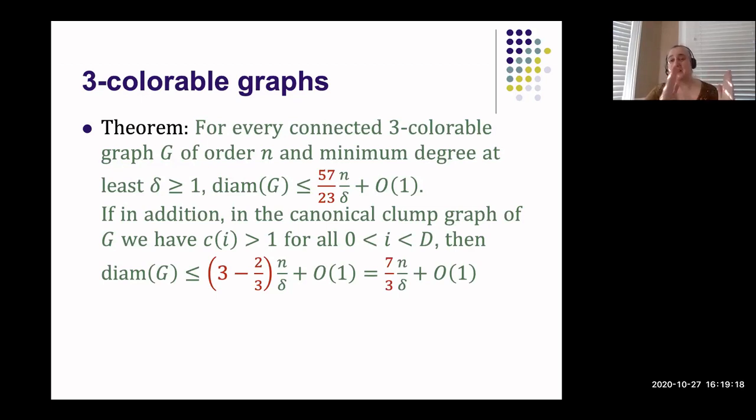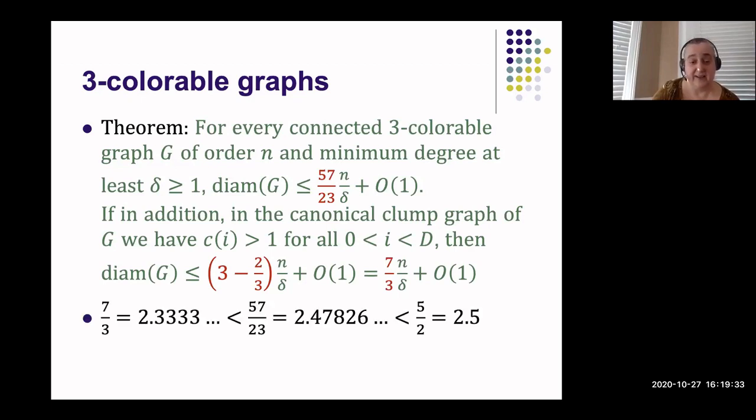If you remember, every third column had a single color. So the example that shows that this might be sharp violates this condition. And just for comparison, 7/3 is the one that we are shooting for, 5/2 is the one that we know, and 57 over 23 is what we have managed to prove. You can see how much in between it is.